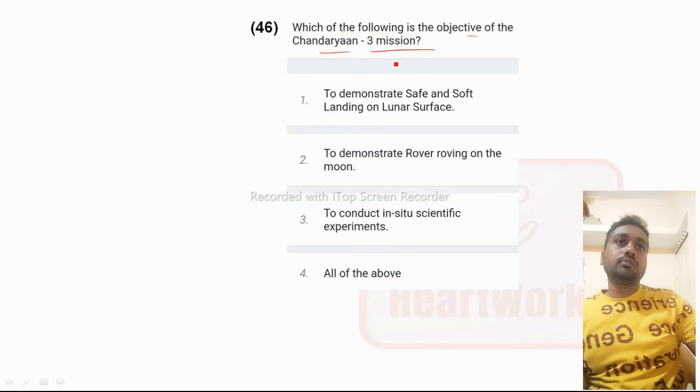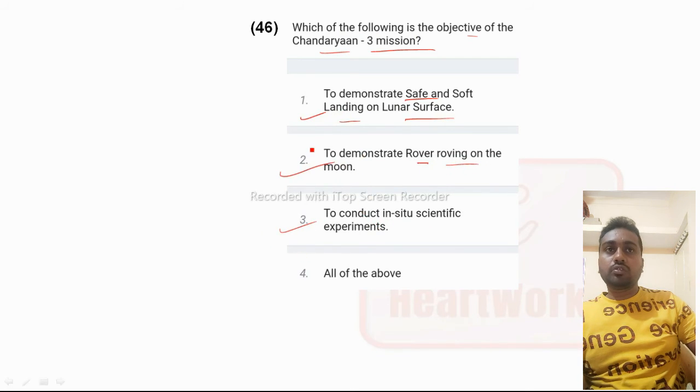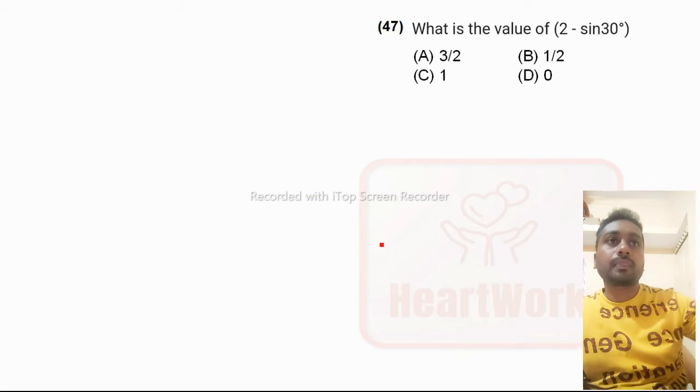To demonstrate safe and soft landing on a lunar surface, to demonstrate rover roaming on the moon, to conduct in-situ scientific experiments. So all these objectives are there. So option D, all of the above, is correct.